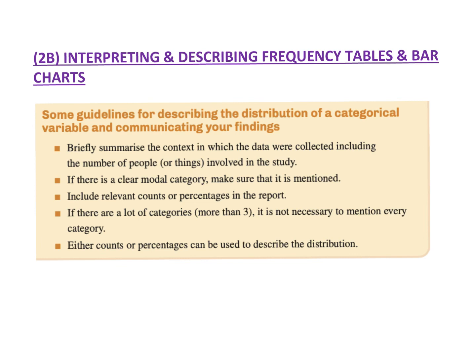And then we would state if there was a clear modal category, that is, the one with the highest frequency. So in my example, in a class of 28, we asked what pet they had. The modal category was dog, with 10 students having a dog for a pet.